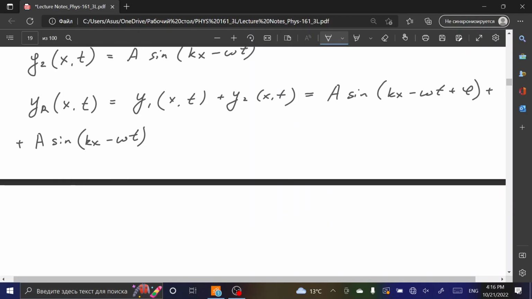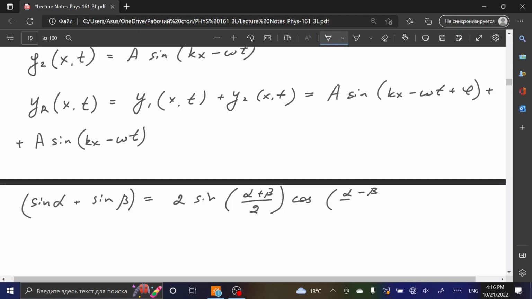So now, if we consider another trigonometric identity, which is the following: sin alpha plus sin beta can be represented as 2 times sin of (alpha plus beta) over 2 times cos of (alpha minus beta) over 2.